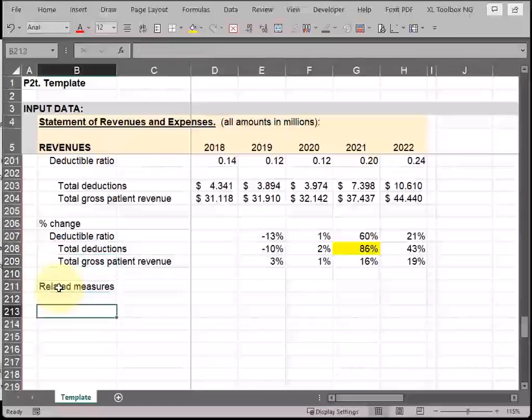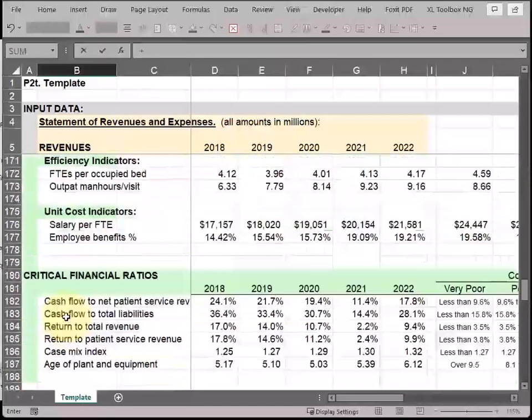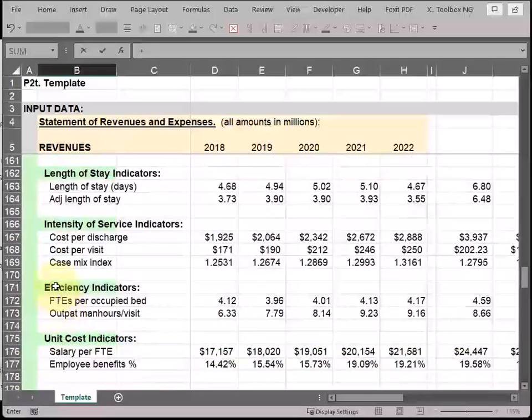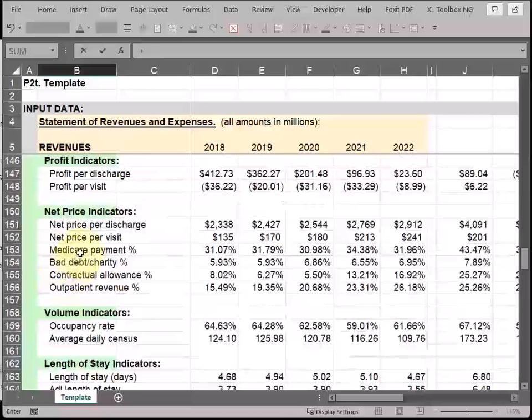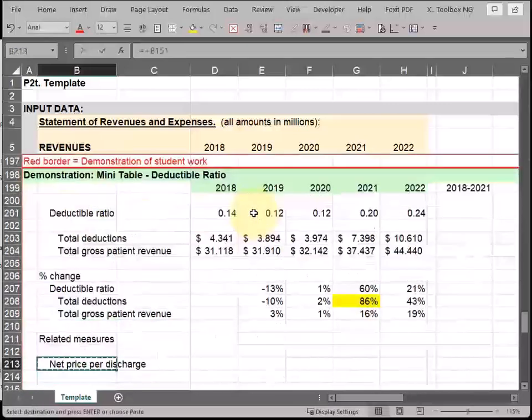So like I said, you'll be trying a few different things, but since I know this case, some of the things that would be interesting, especially since one of the numbers we're looking at is gross patient revenue, would be to look at, and notice I'm just putting the plus sign there because we're just going to scroll up to find things that sound like they're going to help us.